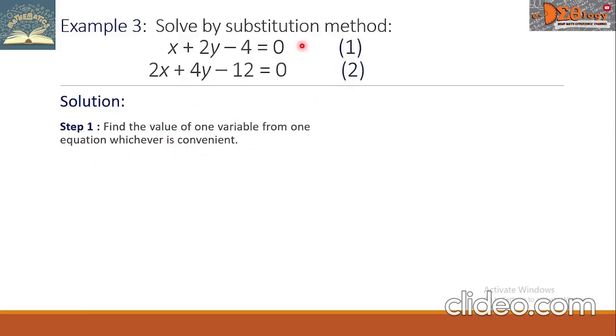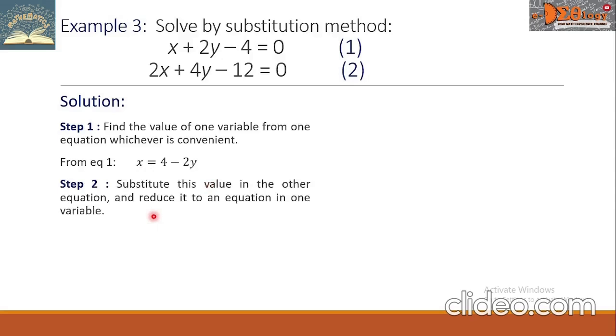This is our equation 1. This is the equation 2. Look at equation 1. We can isolate x and express this in terms of y, meaning this 2y and negative 4 we transpose to the right. So x equals 4 minus 2y.